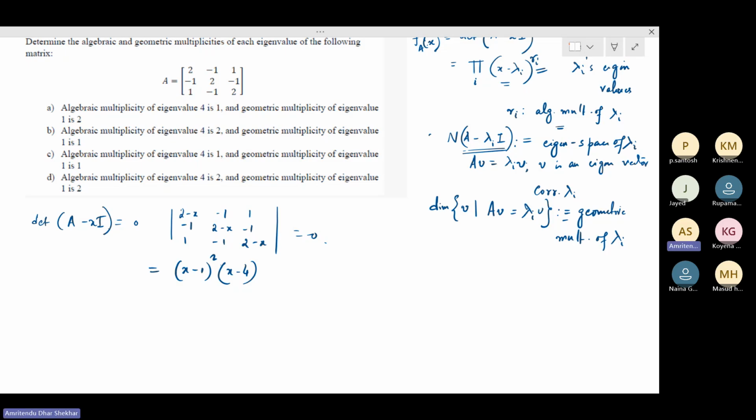So of course the algebraic multiplicity of 1 is 2, and that of 4 is 1.